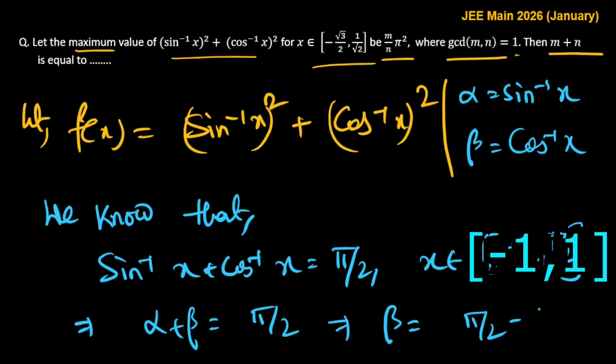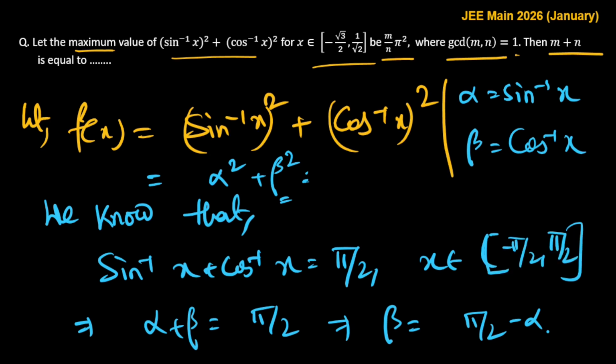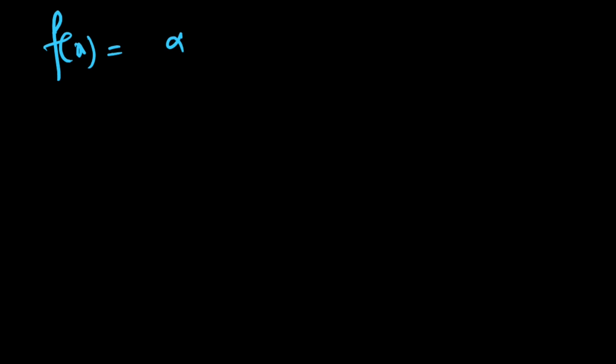So we write f of x is equal to alpha square plus beta square. We replace the beta value here with pi by 2 minus alpha.